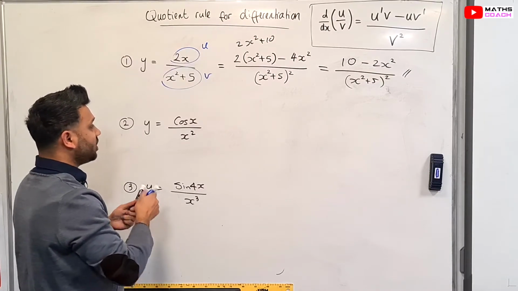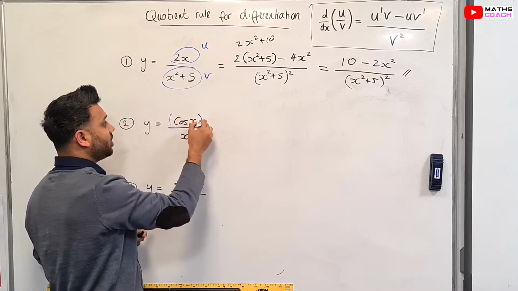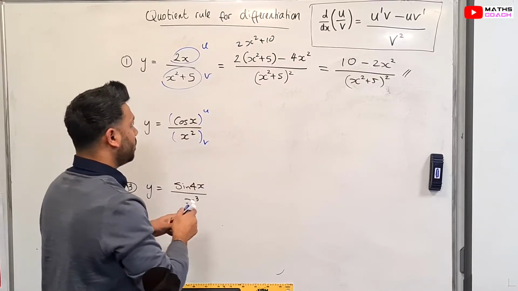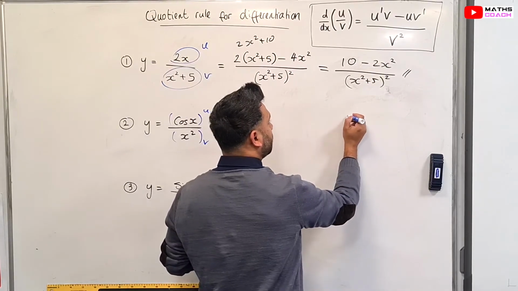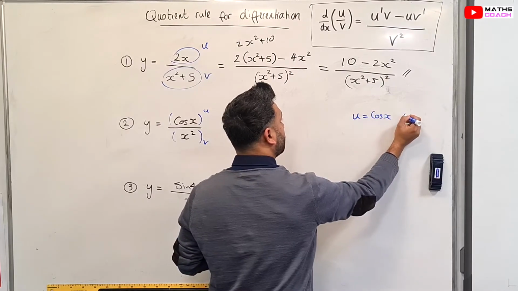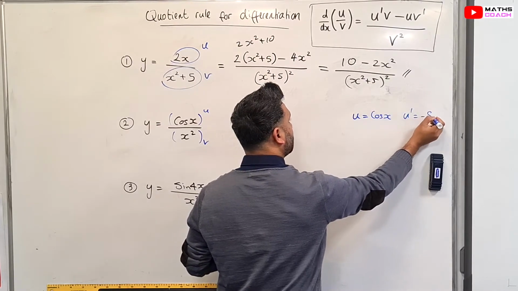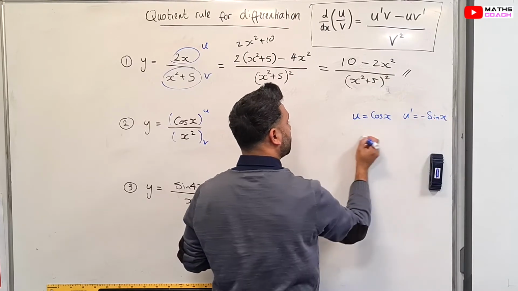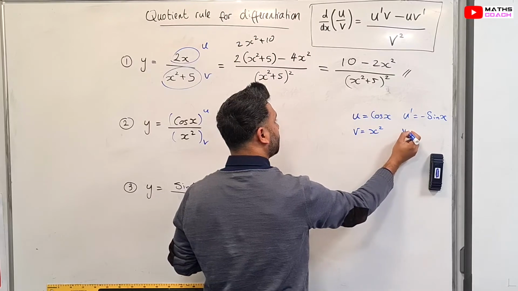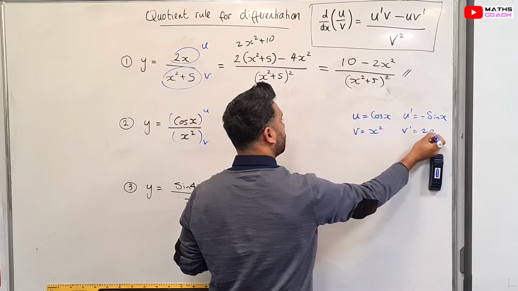Again, the numerator of the function is going to be u and the denominator as v. So we need to work out, let's write down u as cos x, u dash equals minus sine x, v is equal to x squared, v dash equals 2x.